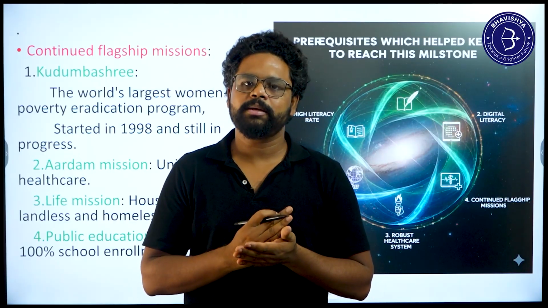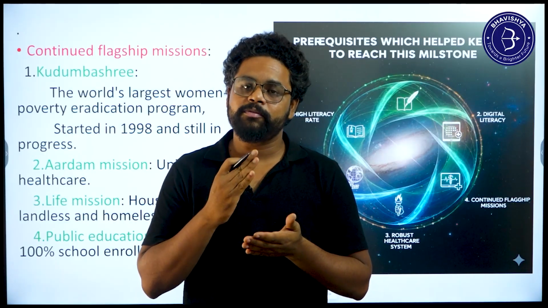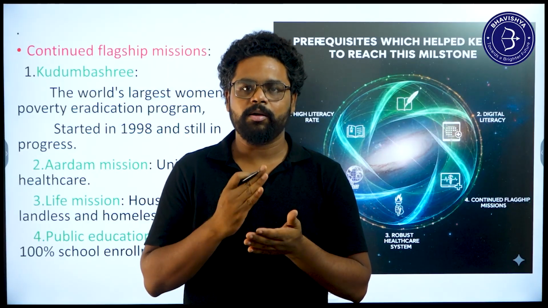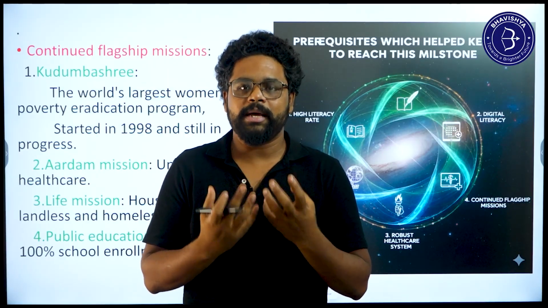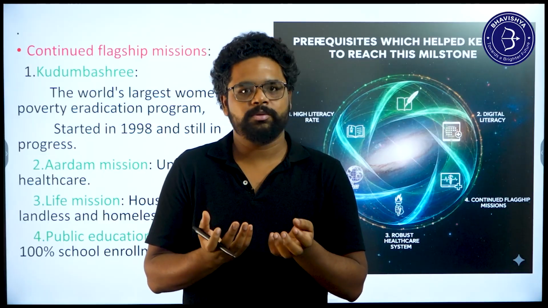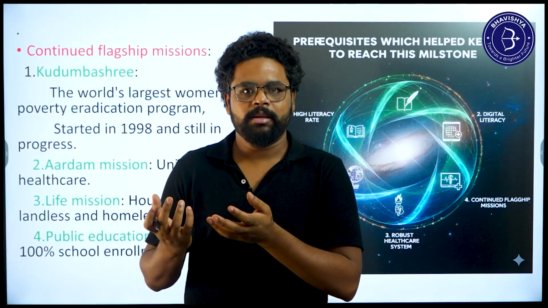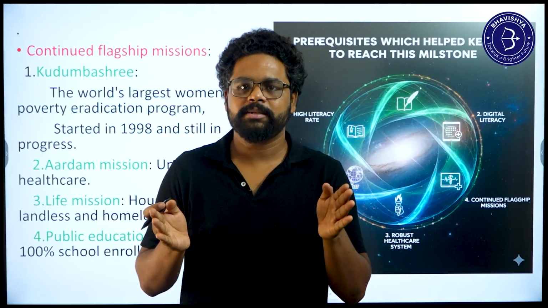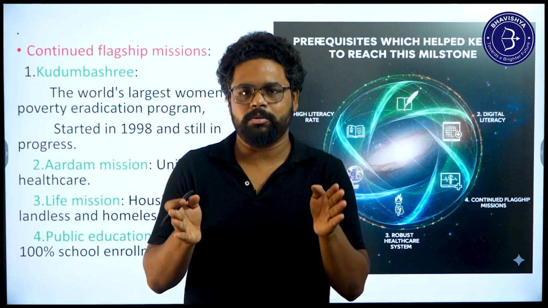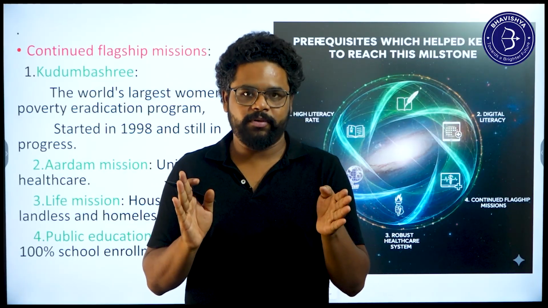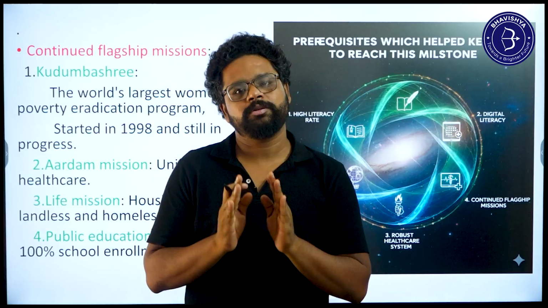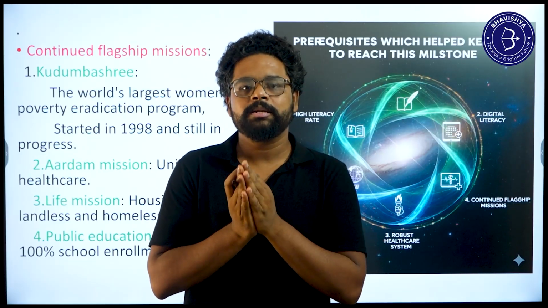So the first government had already given much more time, cost and resources to that, but they didn't reach the goal. But if both the governments have the same goal, though their ideologies are different, then the goal will be reached very fast. So that is what happened in the case of Kerala.